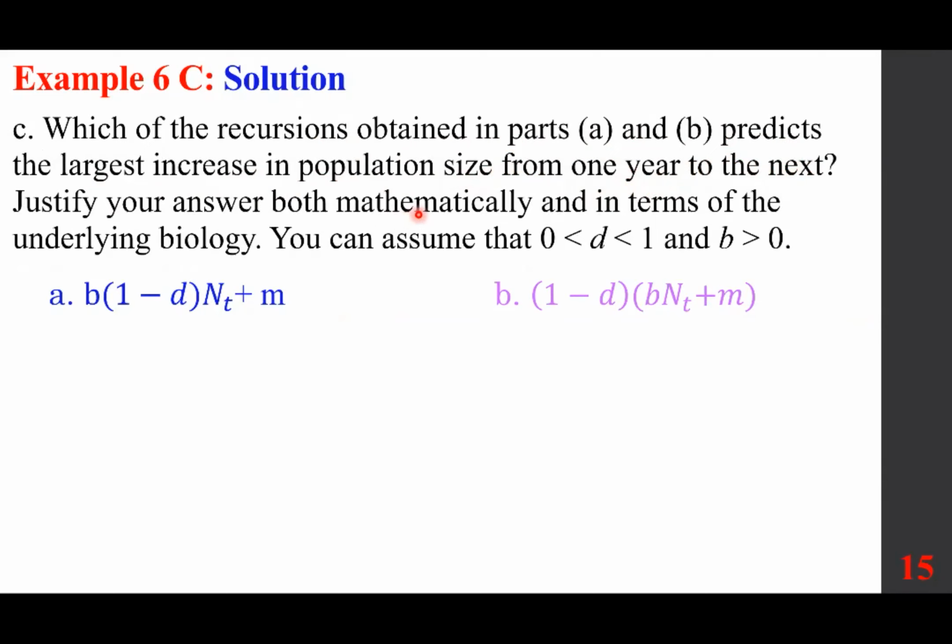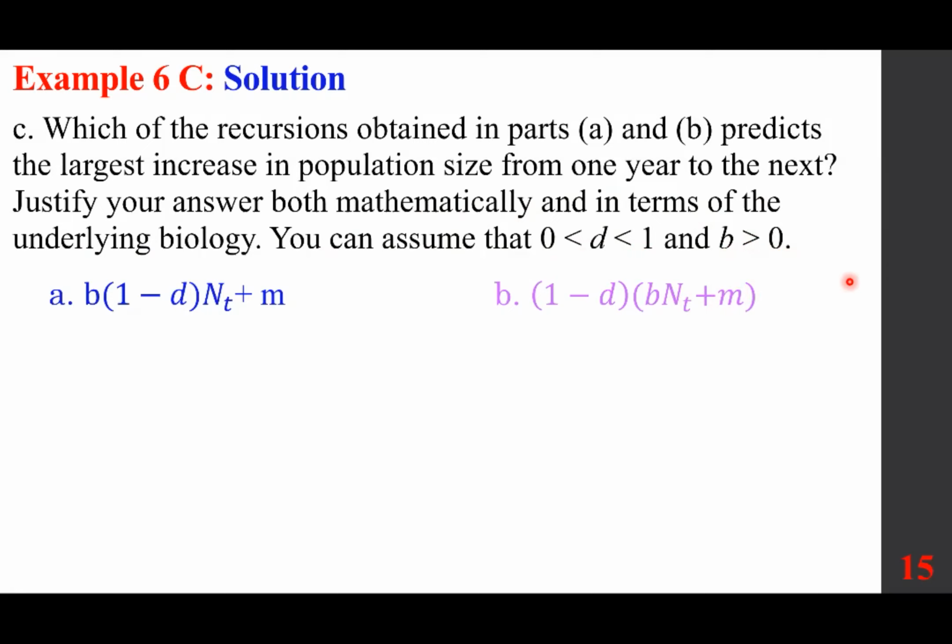Justify your answer both mathematically and in terms of the underlying biology. You can assume that D is between 0 and 1, and B is larger than 0. D is the probability. Probability can be 0 or can be 1. But they are saying that there is some predation that takes place. And of course, B is the number of offspring, which is positive.